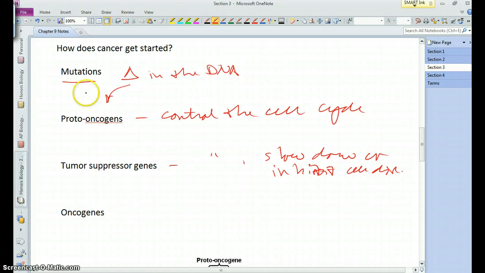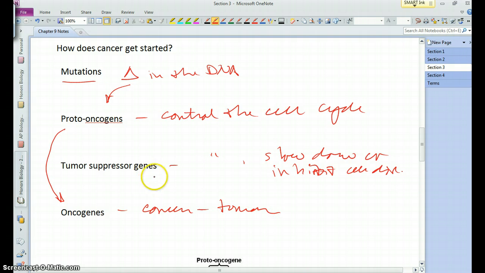And so what can happen with these mutations is when, for example, a proto-oncogene mutates, it can become an oncogene, and so that gene now basically causes those cells to become cancerous and form tumors. And when tumor suppressor genes are mutated, there's no particular new name for them, but when they mutate as well, they can also lead to the same outcome.